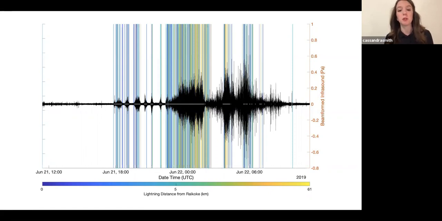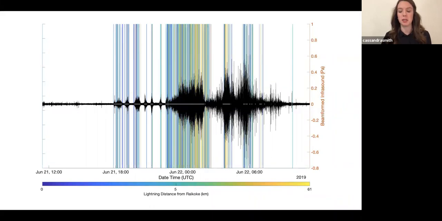Each of the vertical lines is a lightning stroke recorded by the GLD, and they're color coded by distance. So it ranges from 0 to 61. The yellows are in the 50 to 60 kilometer range away. But you can see quickly from looking at this that most of the lightning stayed pretty close to the volcano, within about 15 kilometers, until you got to this large pulse in the middle.